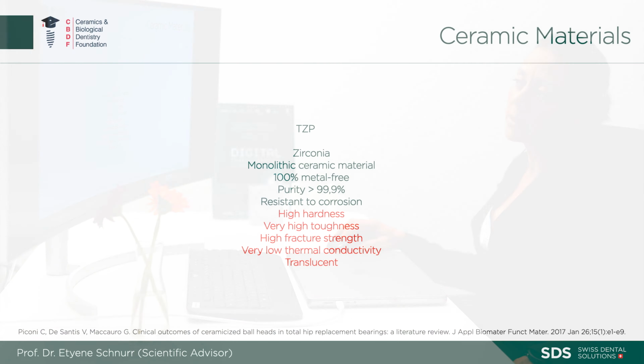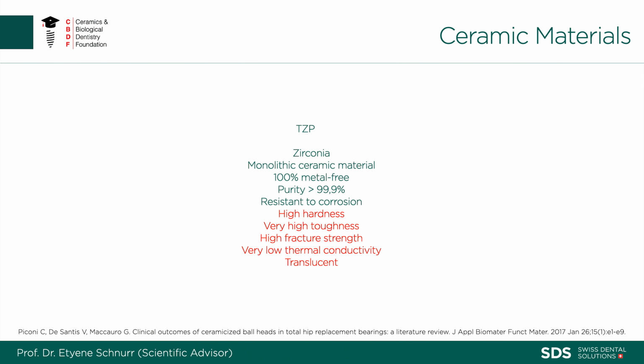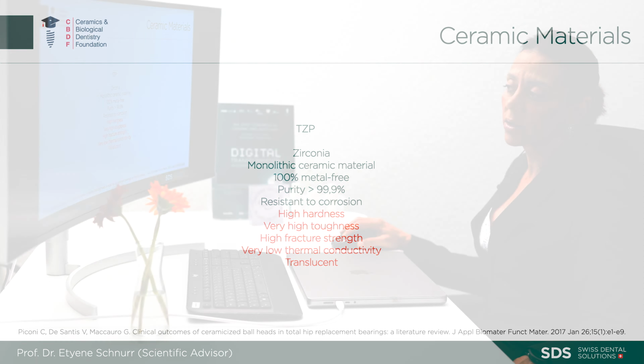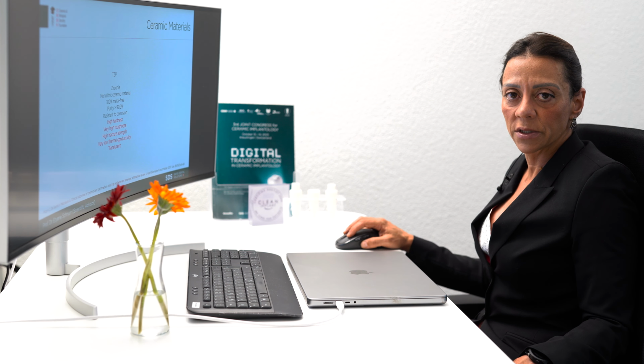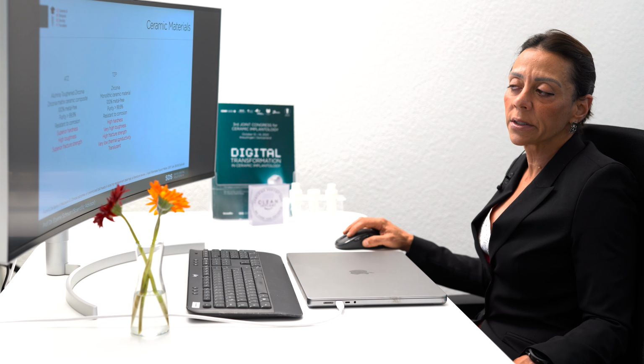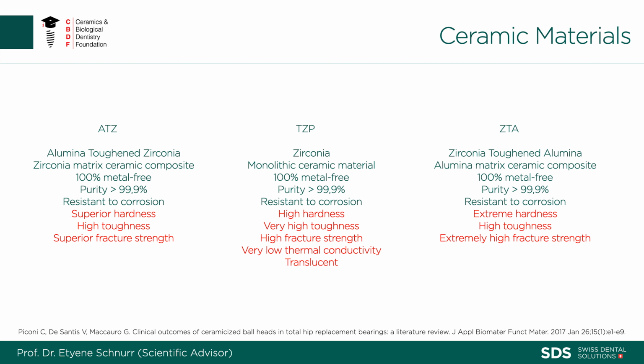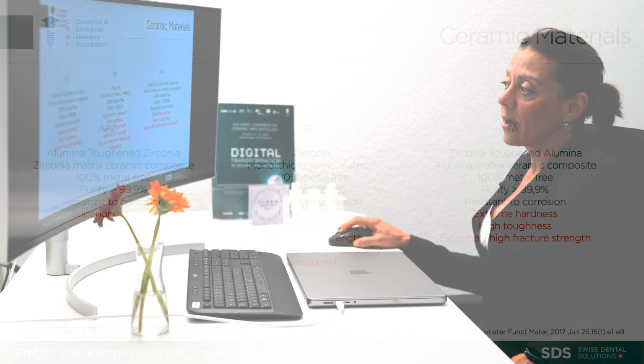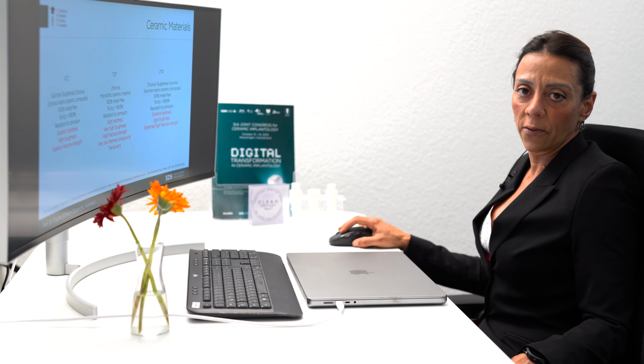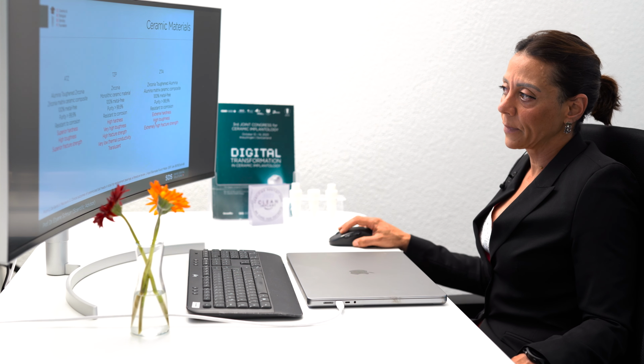Commercially, we found the tetragonal zirconia polycrystal, which has high hardness and high fracture strength as compared to the earlier ATZ. Nowadays, we also find the zirconia toughened alumina, which has higher fracture strength.